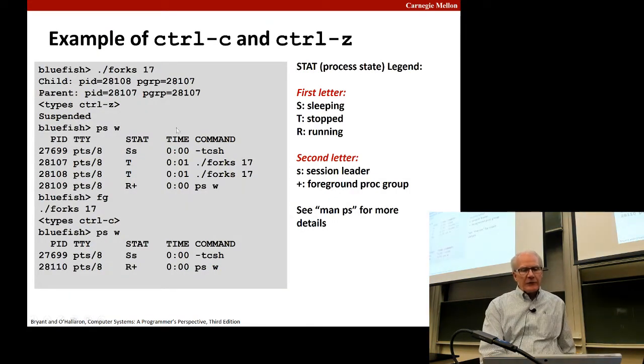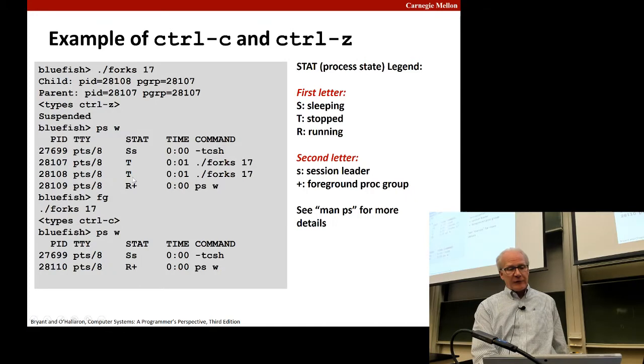You can test this out. If you run this, it'll set up a process group with 2 running processes. If you type Control-Z and ask what's the status, using the argument W to give a little more information, it will tell you these 2 processes are stopped.